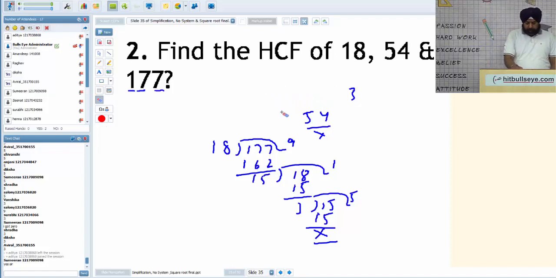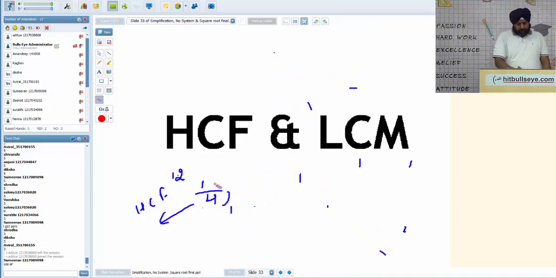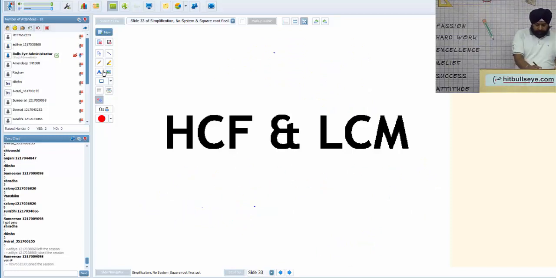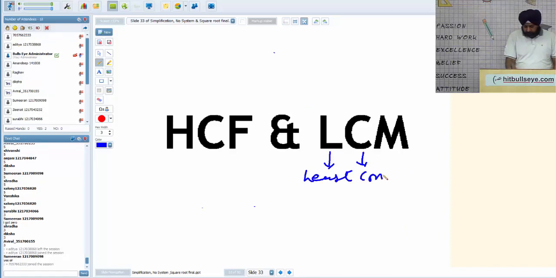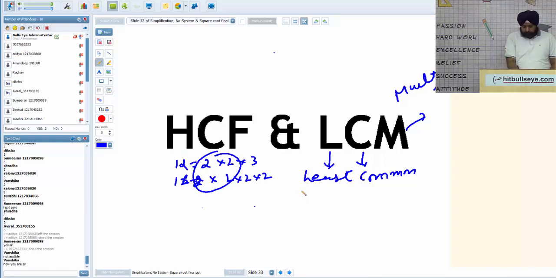Now, what about LCM? As the name suggests, LCM is least common multiple. L stands for least, C stands for common, and M stands for multiple. You should not cram anything; you should just understand the concept. Like HCF, where we took the highest common factor, this was 4. What is the concept of LCM?